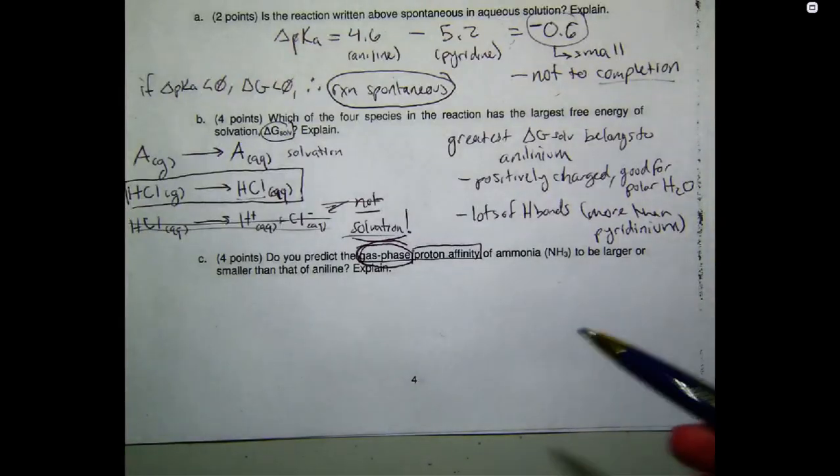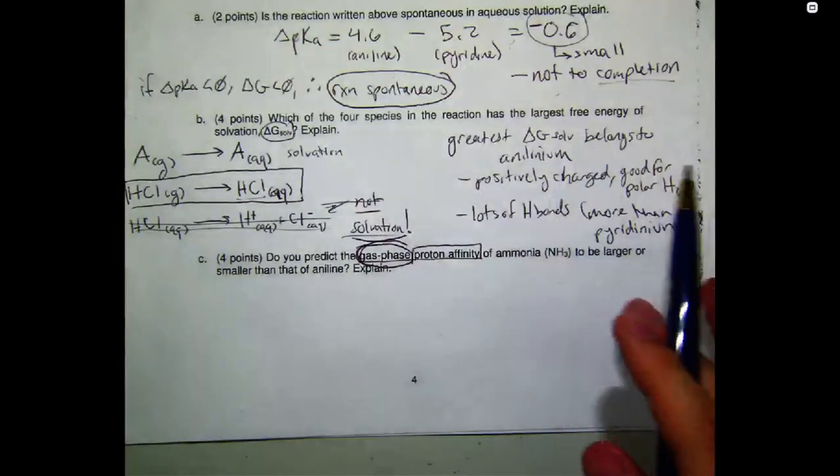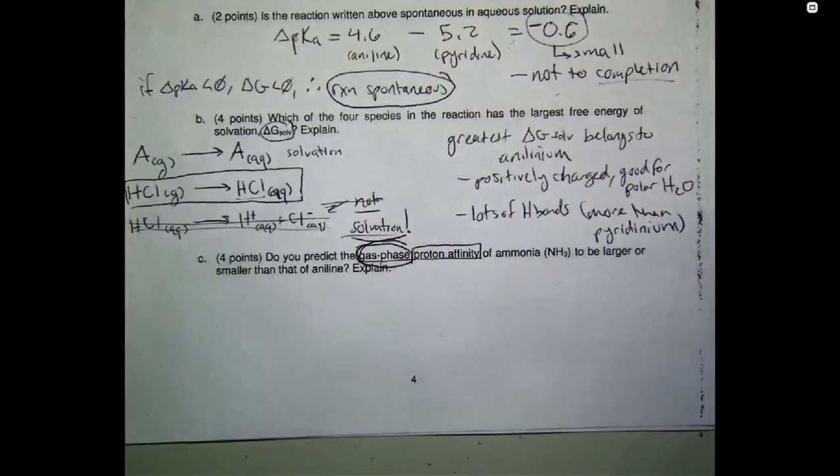Because again, a lot of the answers that we saw on this part of the quiz had to do with solution reactivity, discussions of pKa's, and stuff like that. Remember that pKa is a solution-based equilibrium constant and is different from the proton affinity.